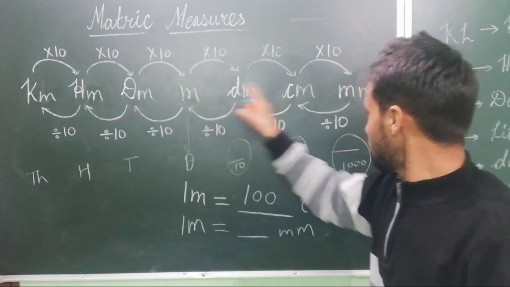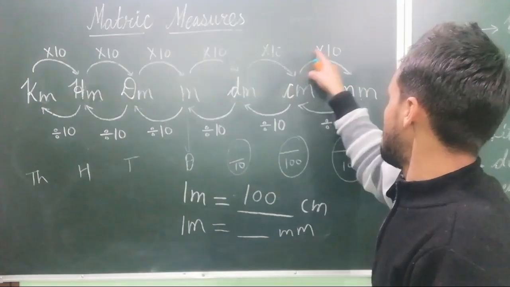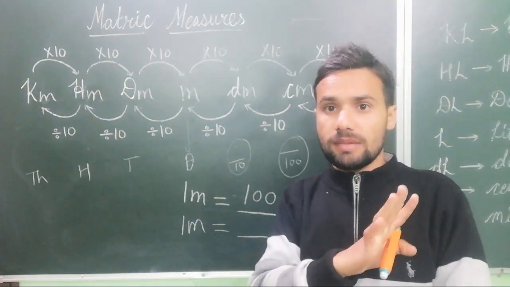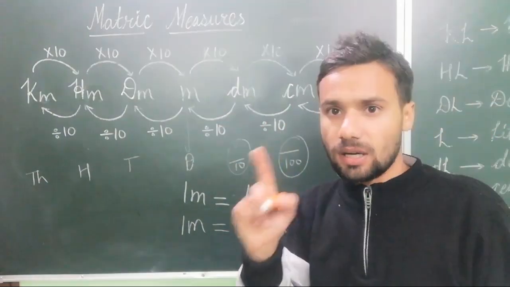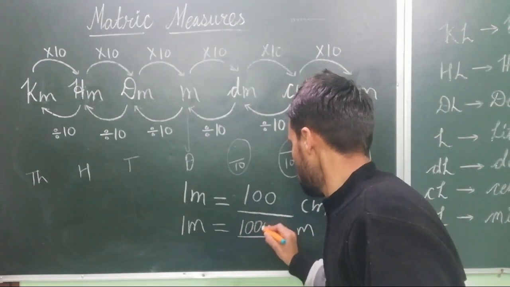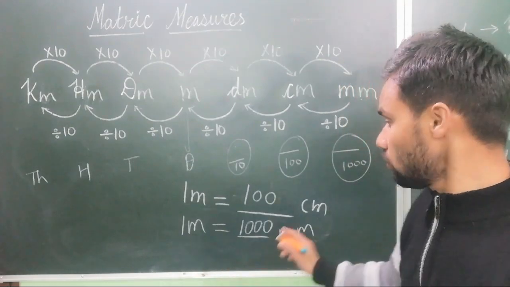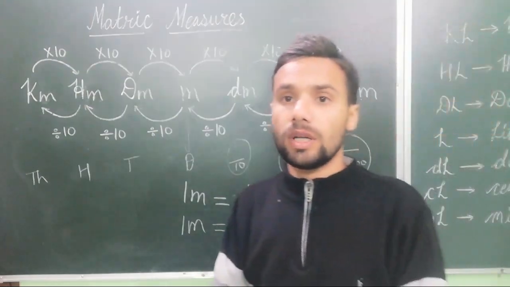So you want to go directly into millimeter. So how many times you multiply? 10 times, 10 times and 10 times. Means 3 times you will multiply 10. So 10 times 10 is 100, 100 times 10 is 1000. So how many millimeter? 1 meter is equal to 1000 times of 1 millimeter.